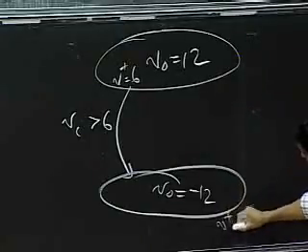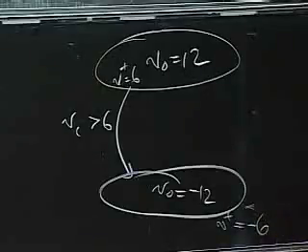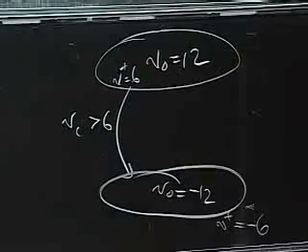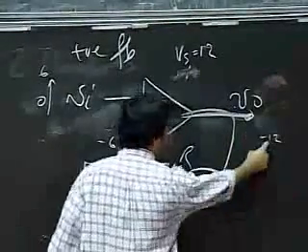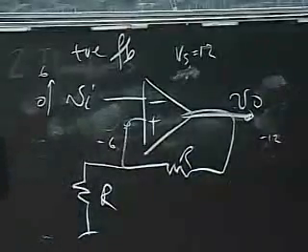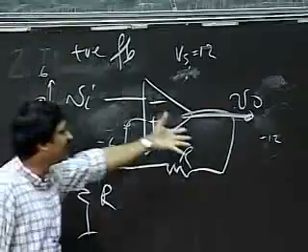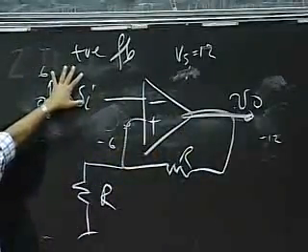In this state, V plus goes to half of minus 12, which is minus 6 volts. So now this guy is sitting at minus 6 and this guy is sitting at minus 12. If this one keeps rising, nothing happens. The output will stay at minus 12. So I'm pretty safe.